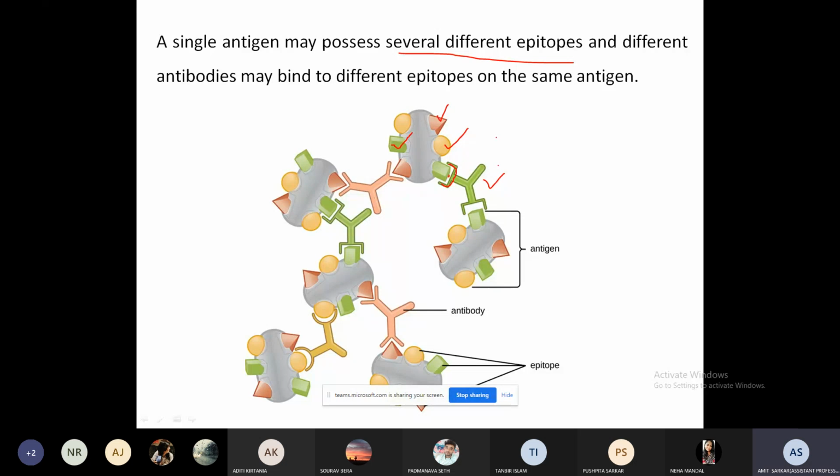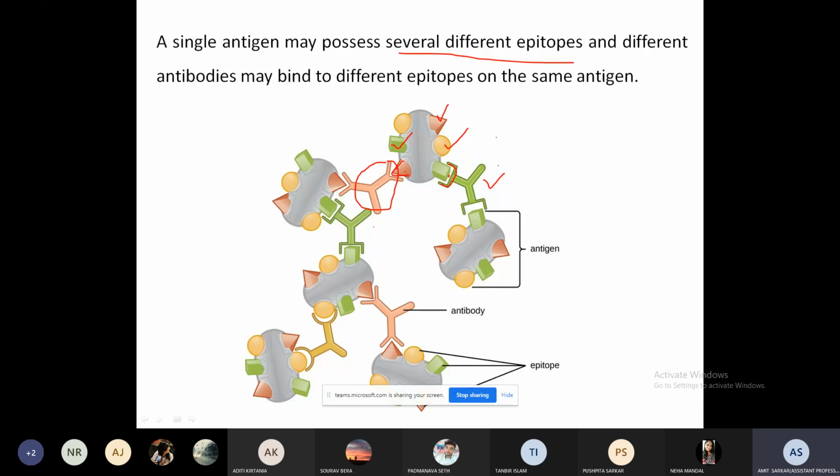Similarly, for the cream or brown colored one, its binding site is triangular, so it's compatible to bind only to this triangular epitope. It will not be able to bind to the others. So this antibody is specific for this particular epitope.